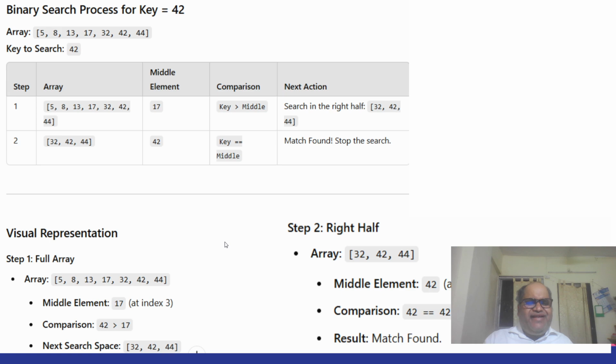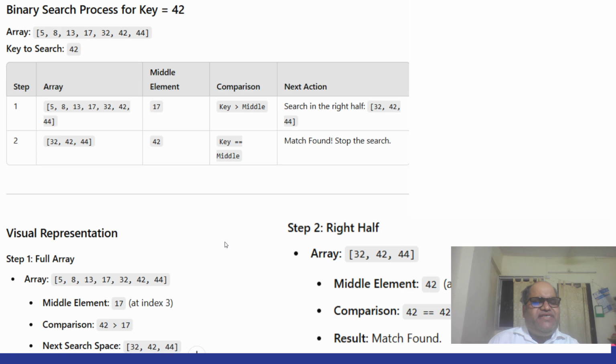So with this, we'll take an example and say we have taken the same list, 5, 8, 13, 17, 32, 42, 44, and we want to find the key equal to 42, right? So your initial array, find the mid. What will be your mid? Low is 0, and high is length of the array - 1, which is 6.